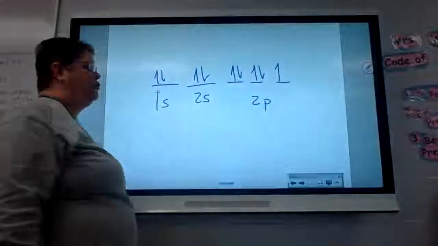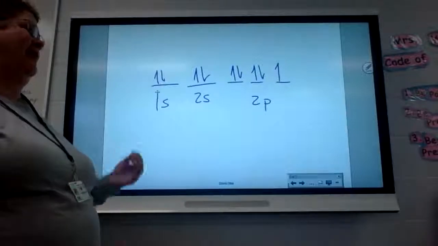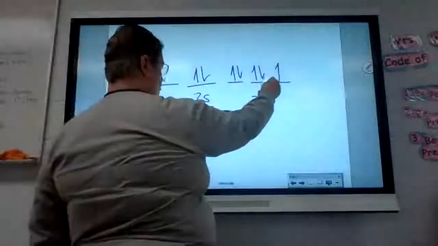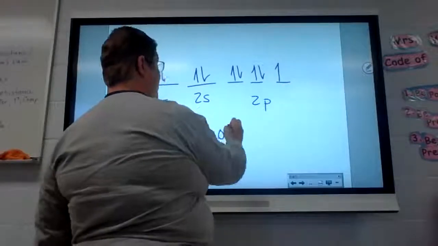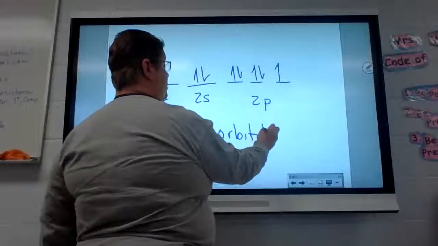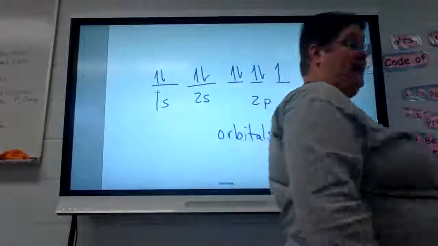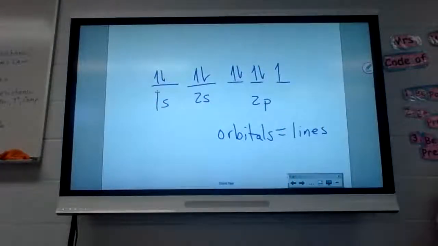So how many actual orbitals contain electrons? 5: 1, 2, 3, 4, 5. So anytime it asks for orbitals, orbitals are the lines. That's the catch in that question. And if they're paired, it's different. If they said paired, you'd have 4.